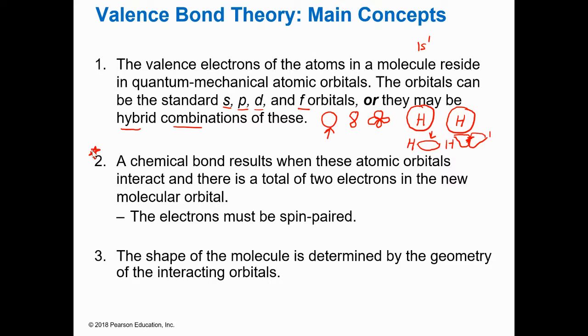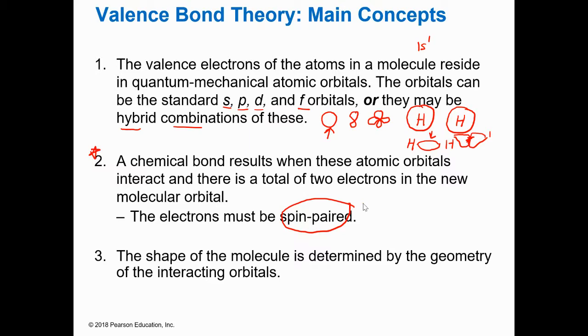So the second important thing, a chemical bond results when 2 of these atomic orbitals interact and there's 2 electrons in the new molecular orbital. There's got to be 2 electrons for each bond to occur. That should just be common sense, right? Electrons must be spin paired. What do you think I mean by that?